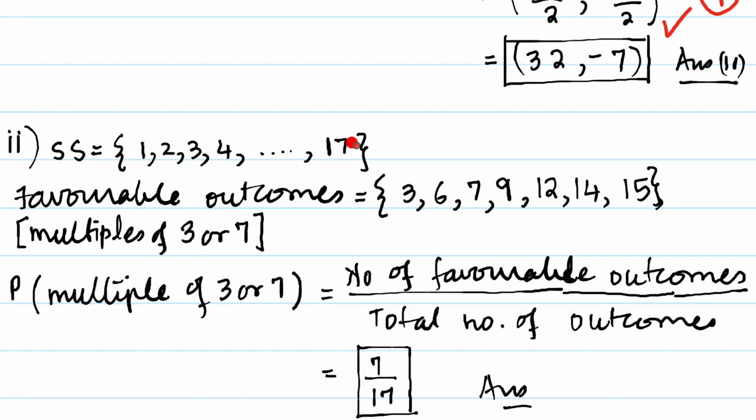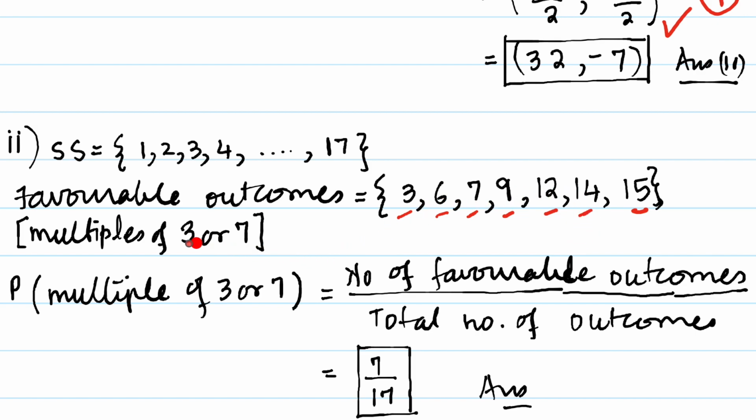Now you can write this in brace brackets. Remember, if the brackets are not there, your marks will be missing. So 1, 2, 3, 4 and then you can write dot dot dot till 17. You don't have to write all the numbers, and the favorable outcomes will be multiples of 3. So we have 3, 6, 9, 12 and 15, and multiples of 7 also will be included in that.